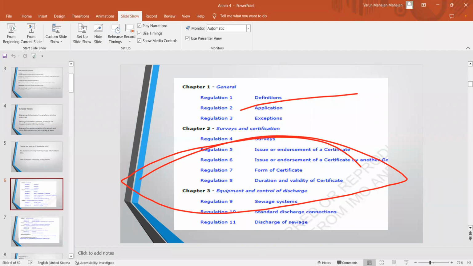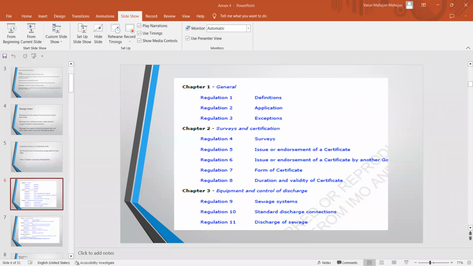Where is it written? A surveyor asks this question: who gives right to PSC? We are going to see in different annexes who gives right to PSC. Regulation number 14 of MARPOL Annex 4 gives the right to PSC to inspect your vessel.